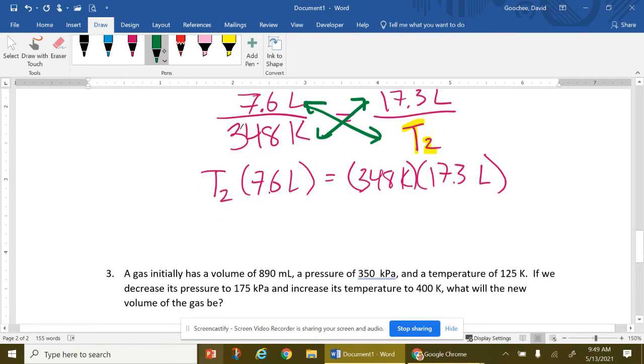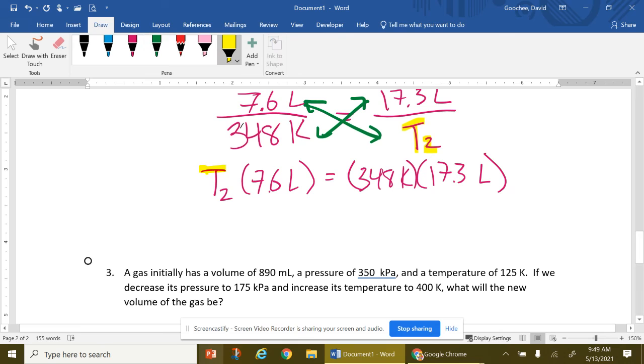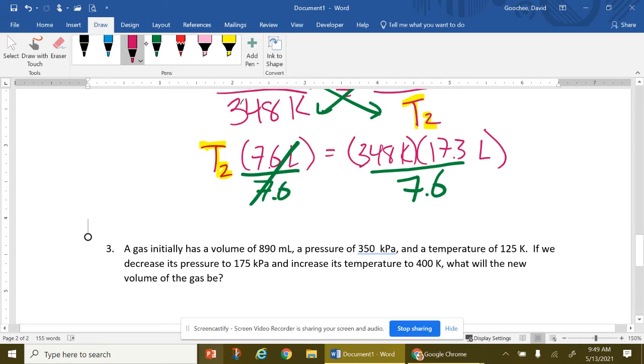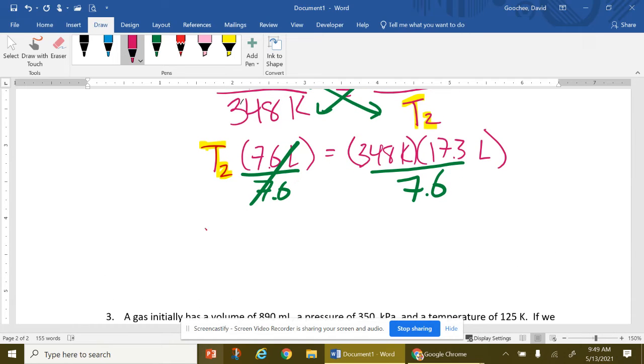The temperature here is currently being multiplied by 7.6, so we have to divide by 7.6, and do that over here as well. So the final temperature equals 348 times 17.3 divided by 7.6.